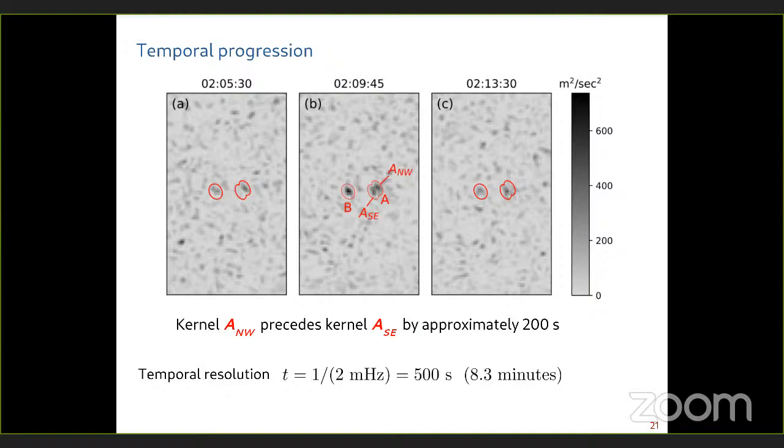If these sources are happening really quickly, we wouldn't be able to properly look at them with this temporal resolution. But we analyze the curve that these peaks make as a function of time, in order to see that one peak happens at a certain time, and the other one happens at another time.